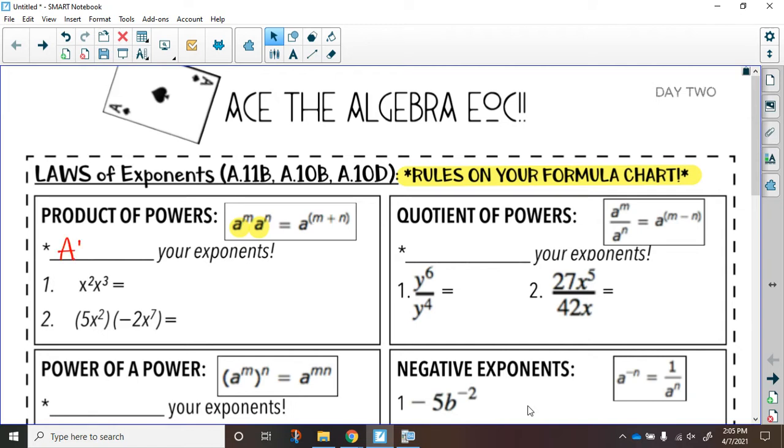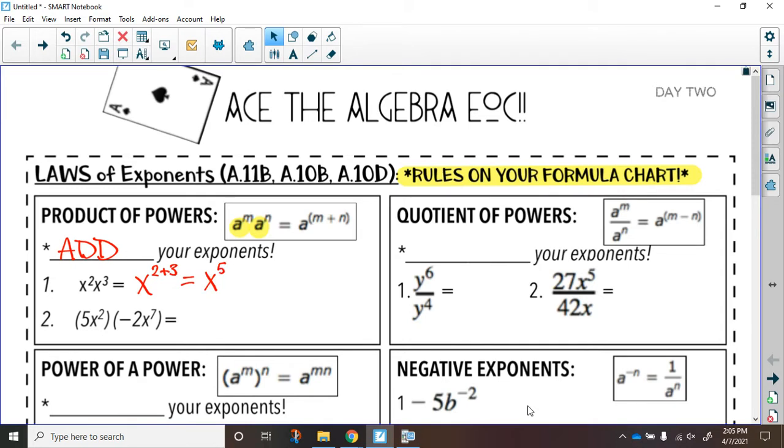For number 1, I have x squared times x cubed. We add our exponents, and we have x to the 5th.